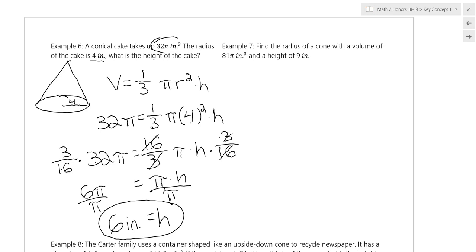Alright, example 7 is going to be our last one, and the required notes. We'll do example 8 as an optional. So again, it's another cone. It has a volume of 81 pi inches cubed and a height of 9.